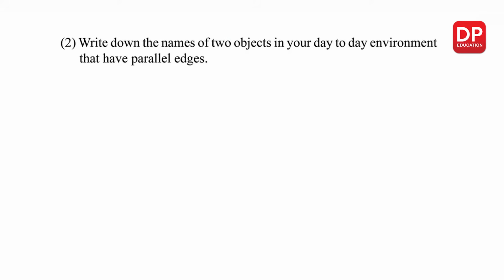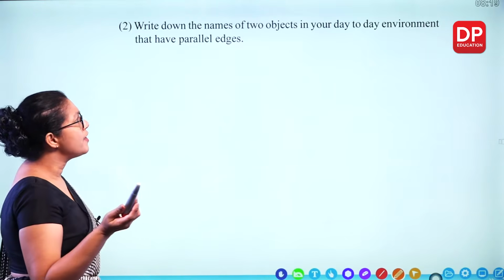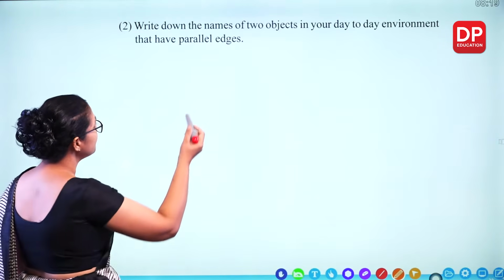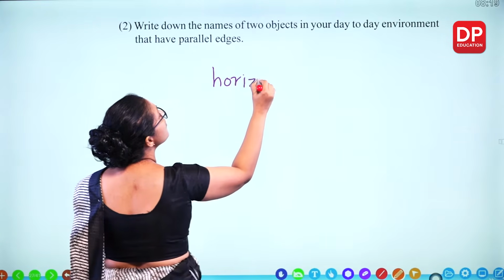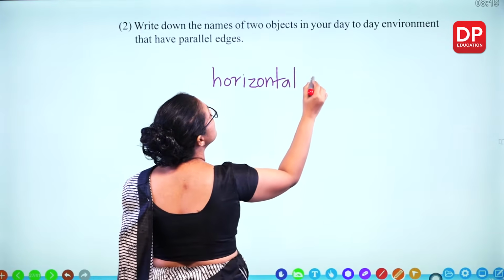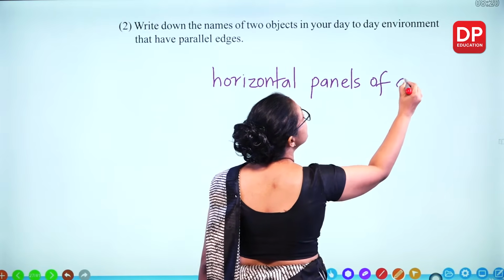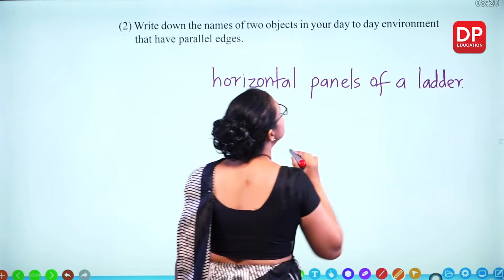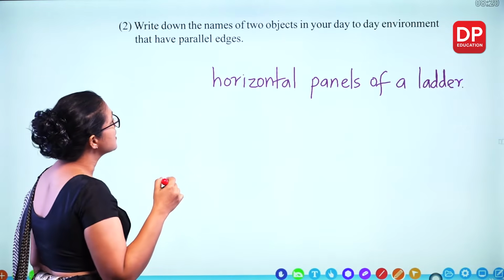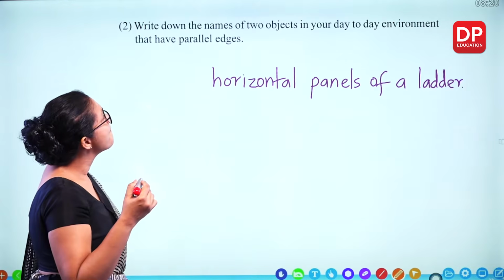Write down the names of two objects in your day-to-day environment that have parallel edges. So what can you see? We already wrote that. Horizontal panels of a ladder. What else? What are the other objects that you use?